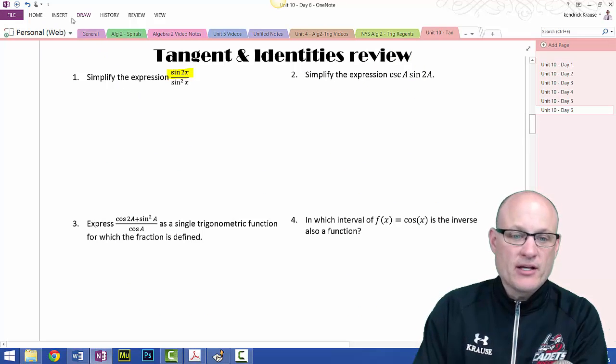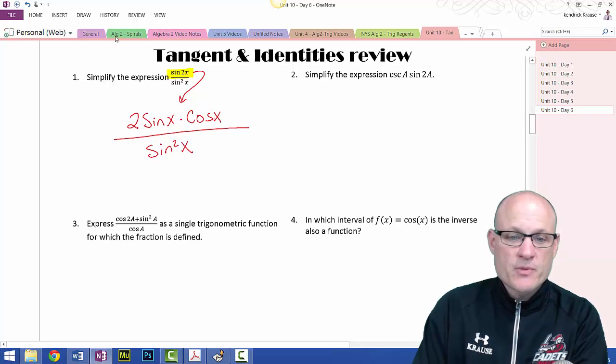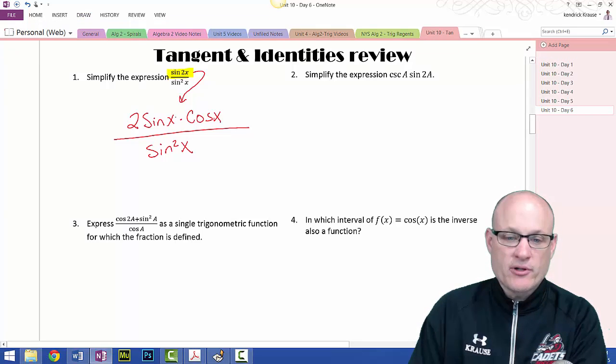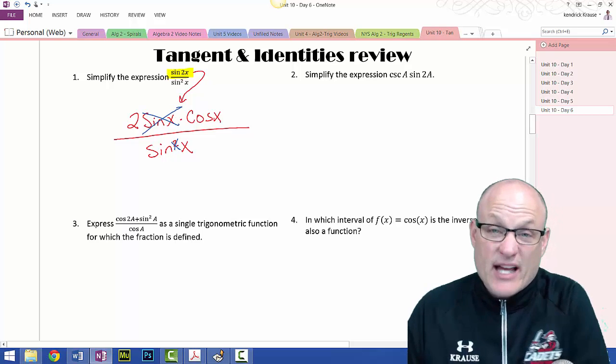So if I simplify this, I know that sine of 2x is equal to 2 sine x times cosine x all over sine squared x. And then I got to start simplifying. Got to be careful here. This sine x cancels with the squared because it's kind of like x and x squared.